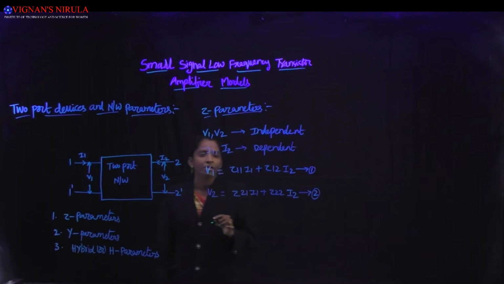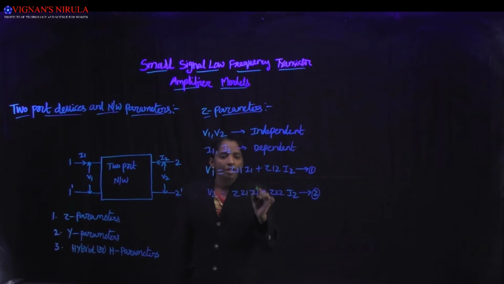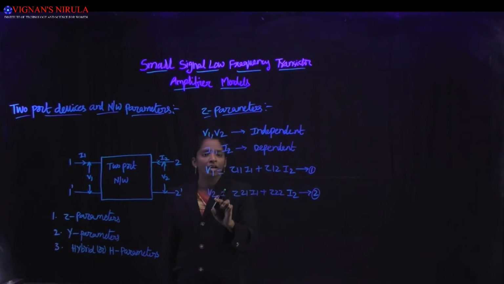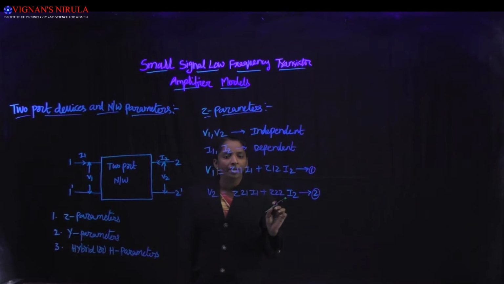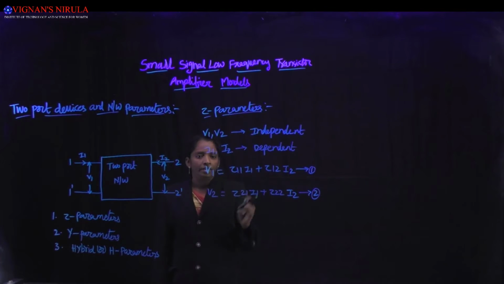If you observe from these equations, the value of V1 depends on Z11 I1 and Z12 I2, and the value of V2 depends on Z21 I1 and Z22 I2. So V1 and V2 are called independent variables and I1 and I2 are called dependent variables.